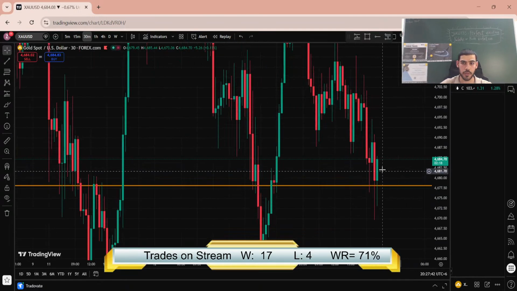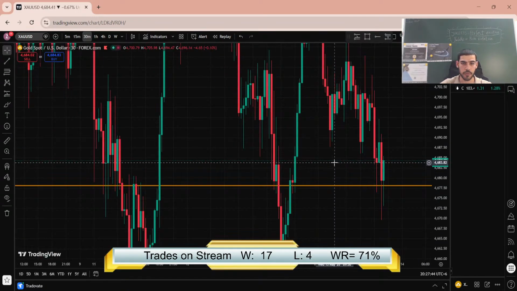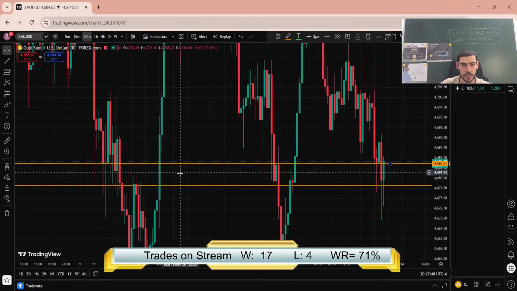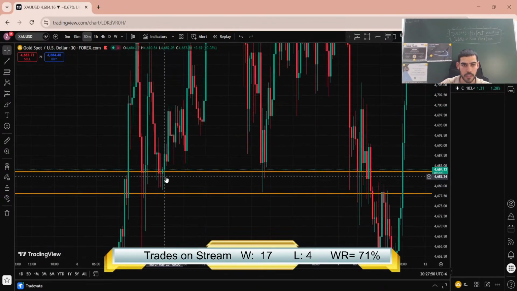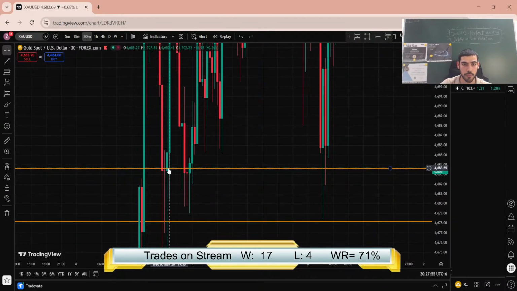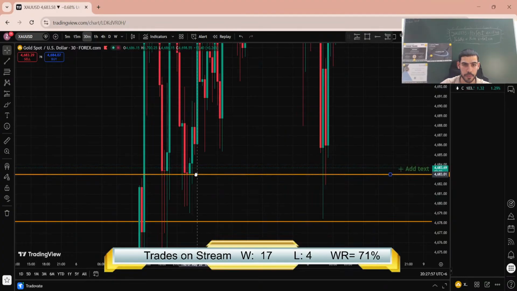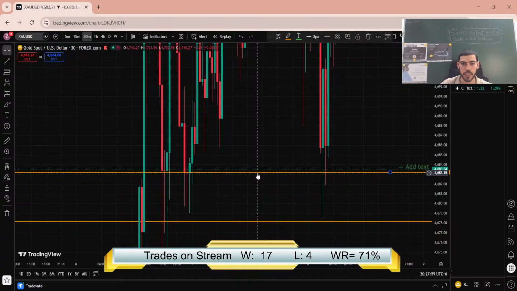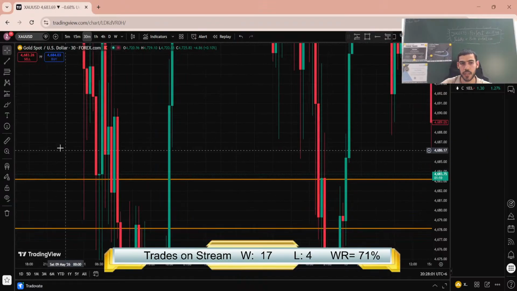Alright, so as we can see here, this 30 minutes is about to close in 2 minutes, and it looks like it's going to close bullish above this range right here. Let's mark this out. Yep, as you can see here, whenever the 30-minute candle closed above this range, it just kept moving to the upside. Right here we can see this happened previously many times.